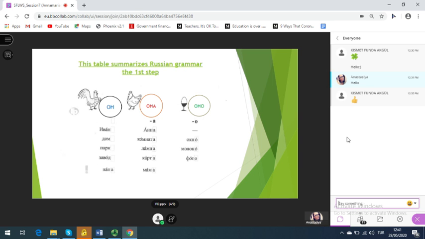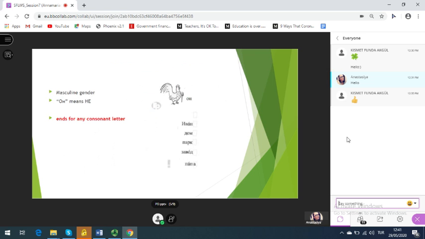After that, I ask the question, what do you think, can a person be neuter or not? And the answer is obvious, no, it cannot, of course. So the table also explains very clearly that masculine words end in a consonant letter, feminine words end in letter А, and the neuter gender ends in letter О.